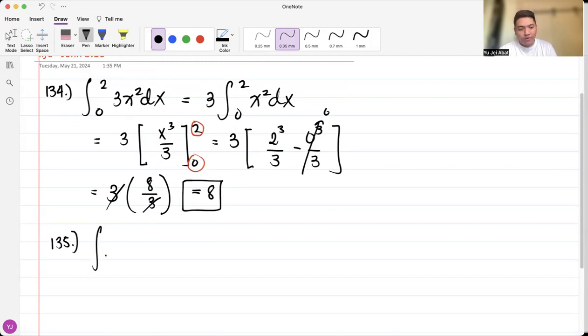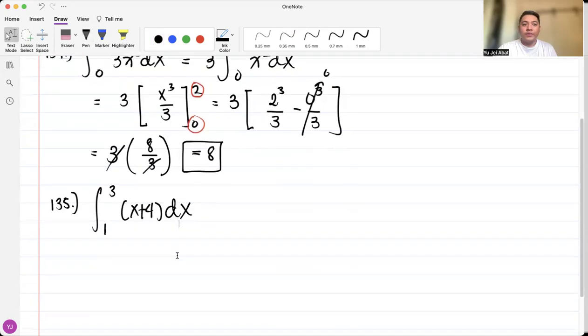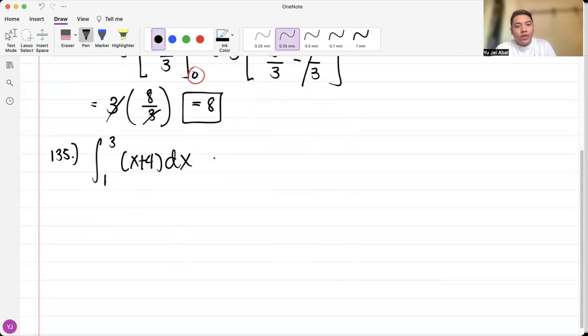Number 135, we have the integral from 1 to 3 of x plus 4 dx. Again, we can separate by sum the x plus 4. So we have x dx plus, factoring out 4 outside of the integral sign, dx, evaluated from 1 to 3.